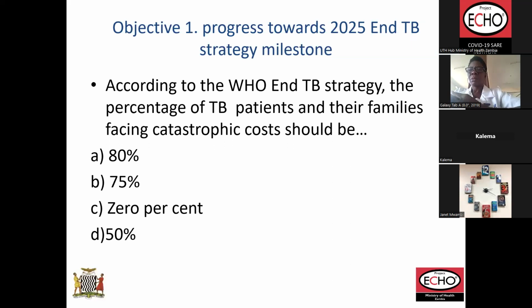Please pour in from those options. A is 80%, B 75%, C 0%, and D 50%. What percentage of people that have TB and their families should face catastrophic costs due to TB?